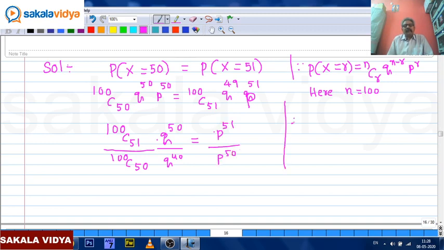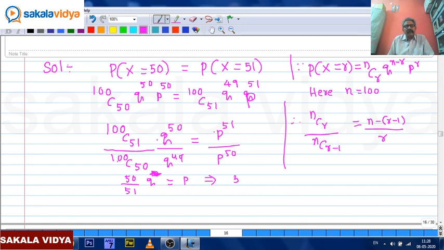In binomial theorem we have already studied nCr by nC(r-1), n minus r plus 1 by r we can write. This is 100 minus 50, 50 by 51, q to the power of 50 by q to the power of 49, this is q, equal to p.